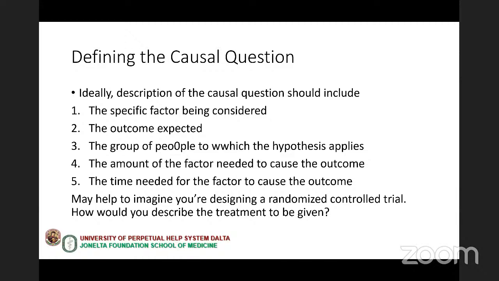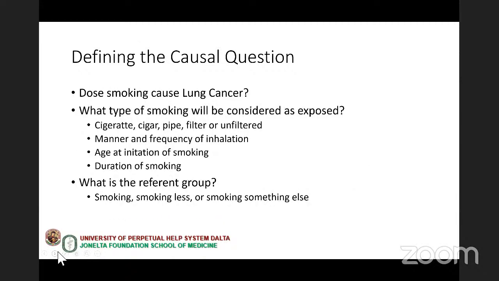It is helpful to imagine that you're designing an RCT, and how would you describe the treatment to be given? So remember your PICOM: population, intervention, comparison, and methodology. And that is your causal question as well.